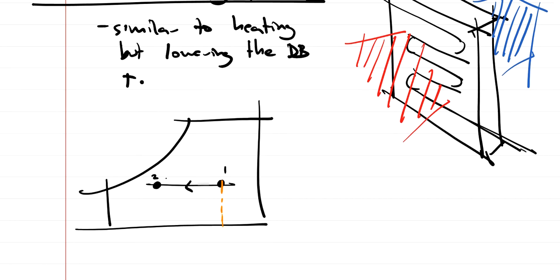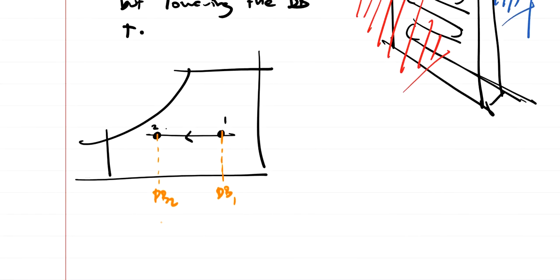If this is our dry bulb 1 and here's our dry bulb 2, then there's a change in temperature, a delta T. Let's just write that DB2 is lower than DB1, but the moisture content is the same.